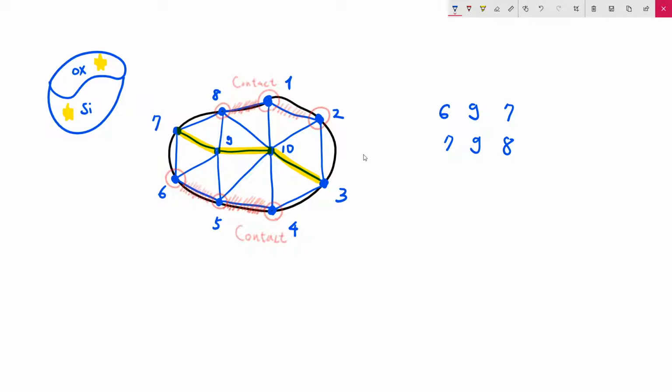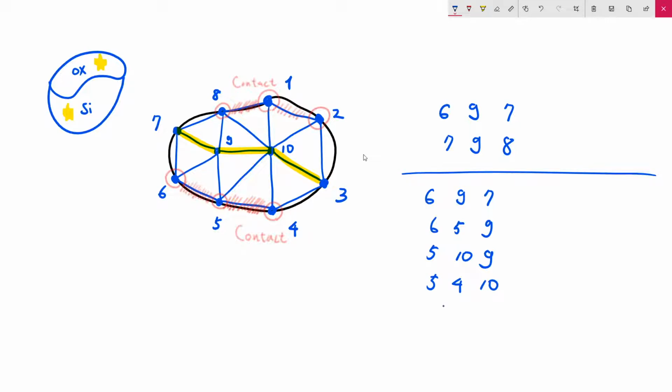Usually what we do is specify them in a different file. We have 6, 9, 7, 6, 5, 9, 5, 10, 9, 5, 4, 10, 4, 3, 10. That is enough to specify only the lower region, the silicon region.